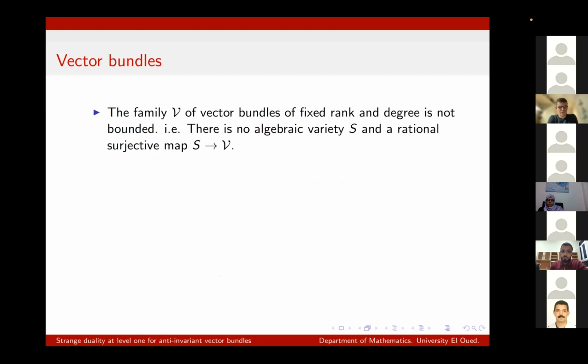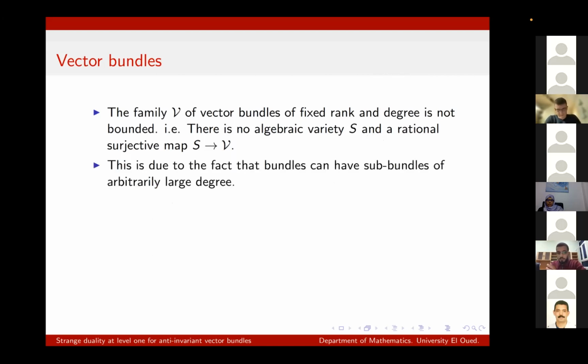If we wish to find a moduli space that parameterizes these vector bundles, we have to impose some condition on the sub-bundles in order to get a bounded family. What we mean by bounded here is that there is an algebraic variety, scheme or whatever, that parameterizes your family. In some sense, there is a rational map from S to V. I mean, any vector bundle can be put in one-to-one correspondence with some open subset of some algebraic variety.